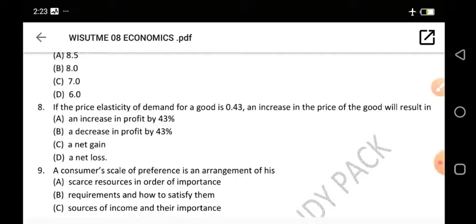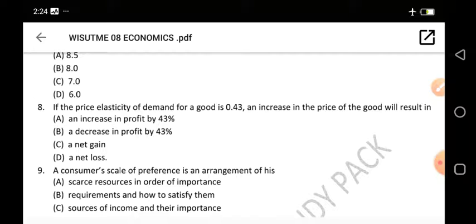We have five types: elastic, inelastic, perfectly elastic, perfectly inelastic, and unitary. If after calculating you have 0.43 as your price elasticity of demand, that's less than 1, and the coefficient shows that the commodity in question is inelastic.